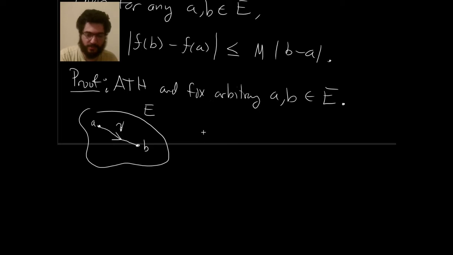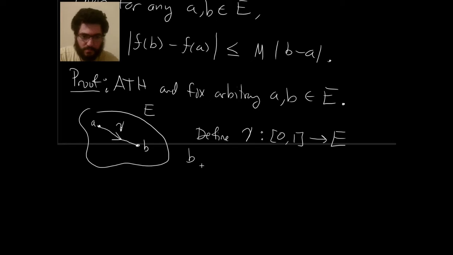Specifically, gamma will be a path inside E which starts at A and ends at B. So its value at t will be (1 minus t)A plus tB.